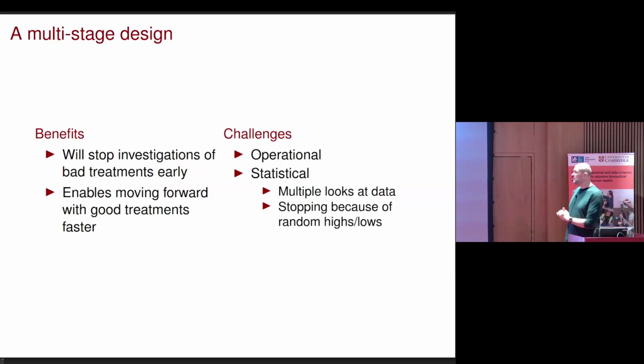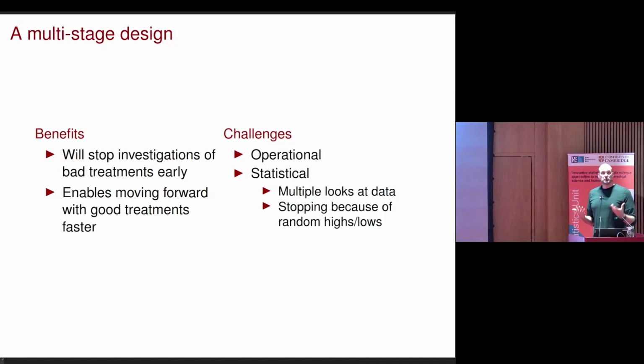At the same time, I'm going to have operational challenges, which are very similar to the ones that I've described for the sample size re-estimation. I need to do the interim analysis, so I need to have data. I need to make sure that if it's a blinded study, that things stay blinded, and so on and so forth. There are also a couple of statistical challenges associated with that. If I look at my data multiple times, there's a risk that I increase my false decision probability, and so we're going to have to account for that.